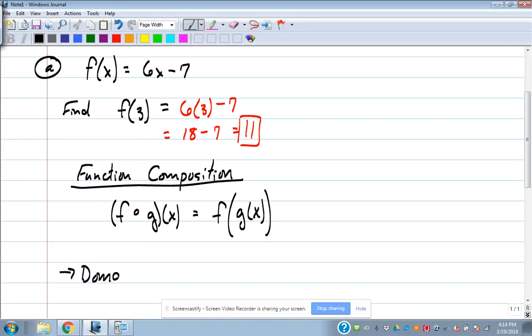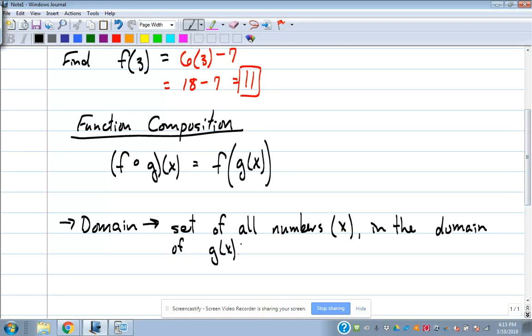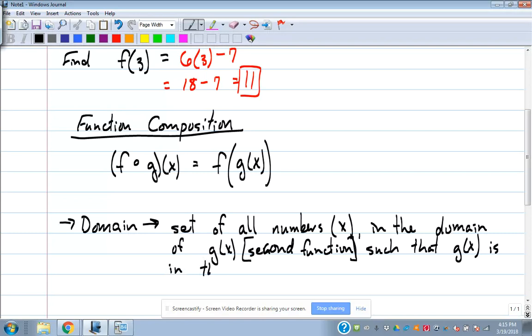The domain of a composite function is the set of all numbers, in our case x, in the domain of g of x, the second function, such that g of x is in the domain of f of x, the first function.